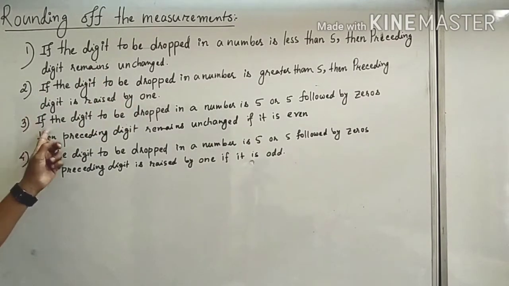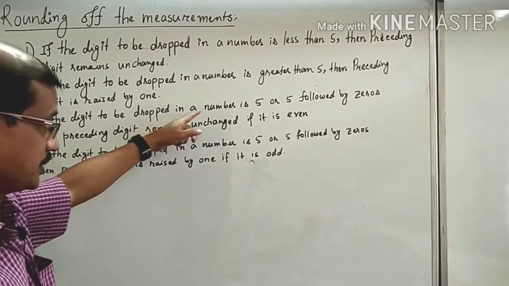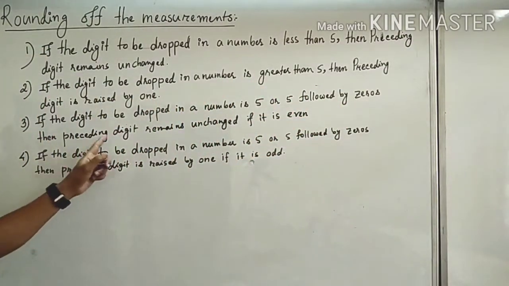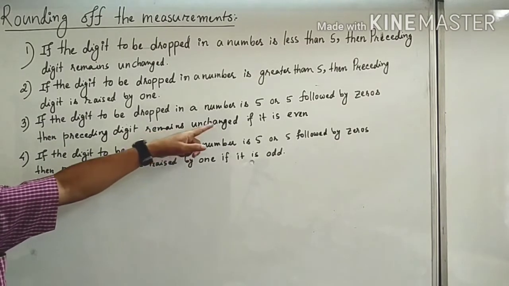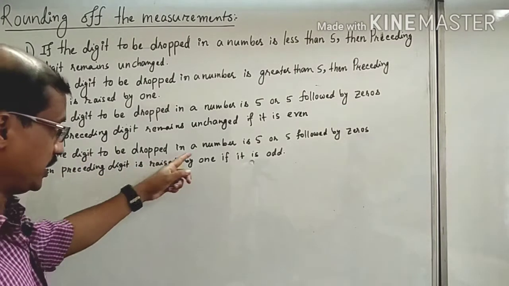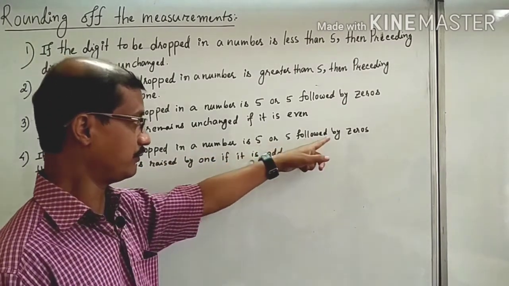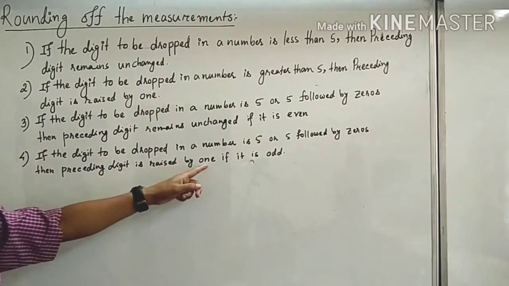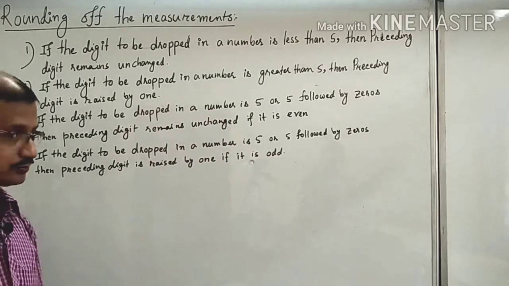Third one is if the digit to be dropped in a number is 5 or 5 followed by zeros, then the preceding digit remains unchanged if it is even. And the last one is if the digit to be dropped in a number is 5 or 5 followed by zeros, then the preceding digit is raised by 1 if it is odd.